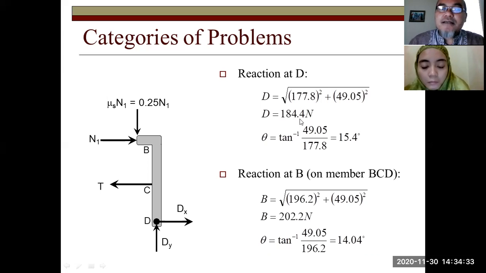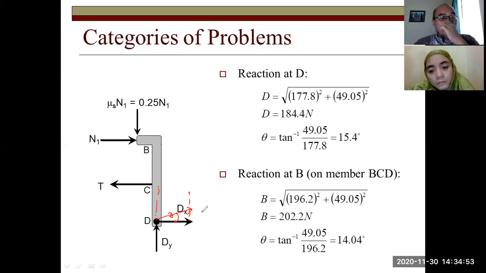Theta is the arctangent of Dy divided by Dx, 15.4 degrees. So the direction is here, we draw it here: this is Dy, and this theta is 15.4 degrees.